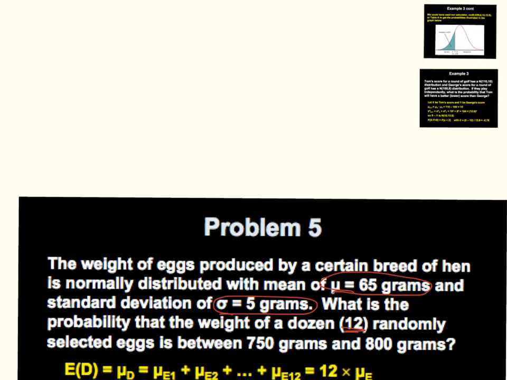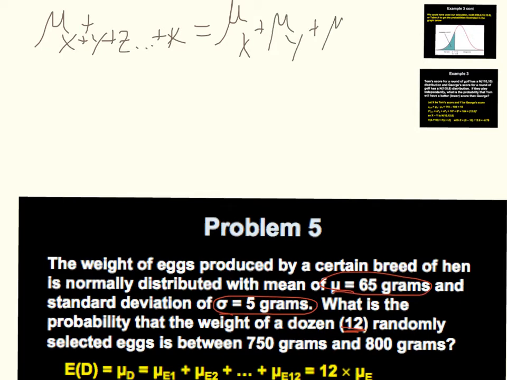So, as the Smartboard notes showed, when you want to know the mean of one random variable plus another one, and so on, plus however many there are, then you add all of those means together. So you'd add the mean of x, the mean of y, the mean of z, and so on, through adding them all.